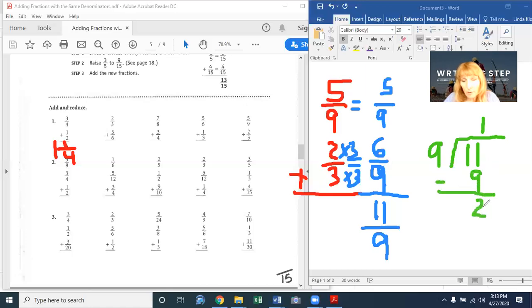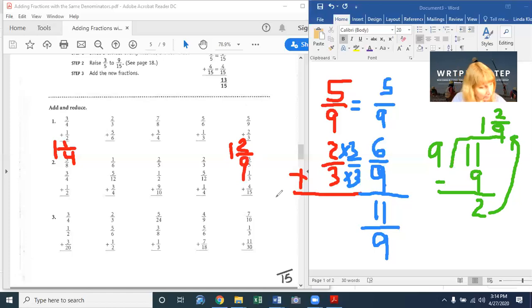That remainder comes up to become my numerator of my fraction. The 2 goes on top, and the 9 becomes my bottom denominator. So the answer is 1 and 2/9. So let's write that in over here. 1 and 2/9, just like that. Okay. All right, so far so good.